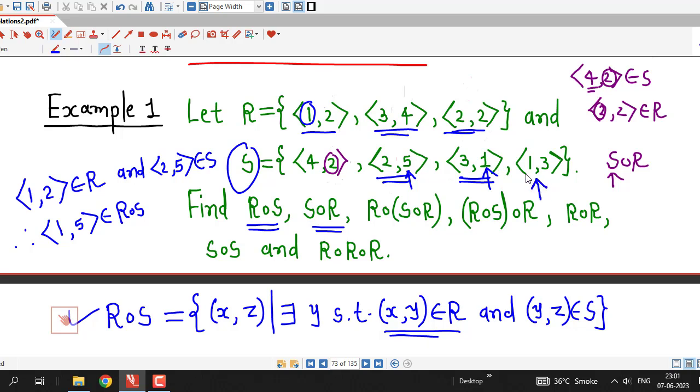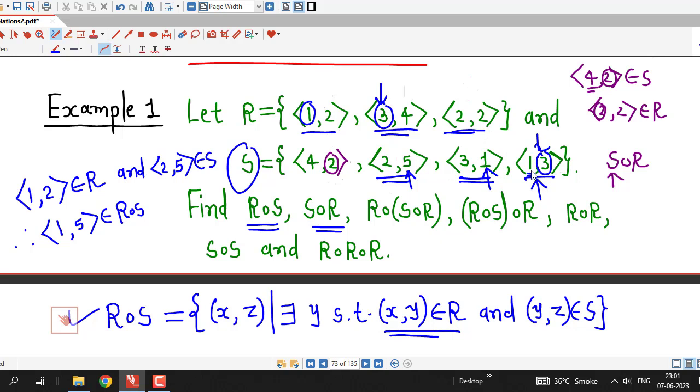Now here I have 1 3 and second component is 3, and here we can see first component is 3. So we are left with 1 4 in S composite R. 1 3 belongs to S. Here I have 3. Here also I have 3.